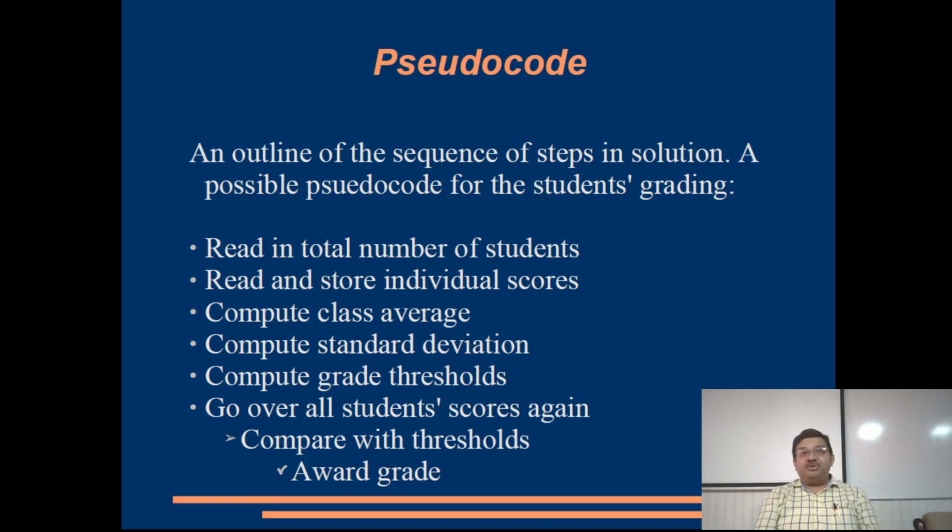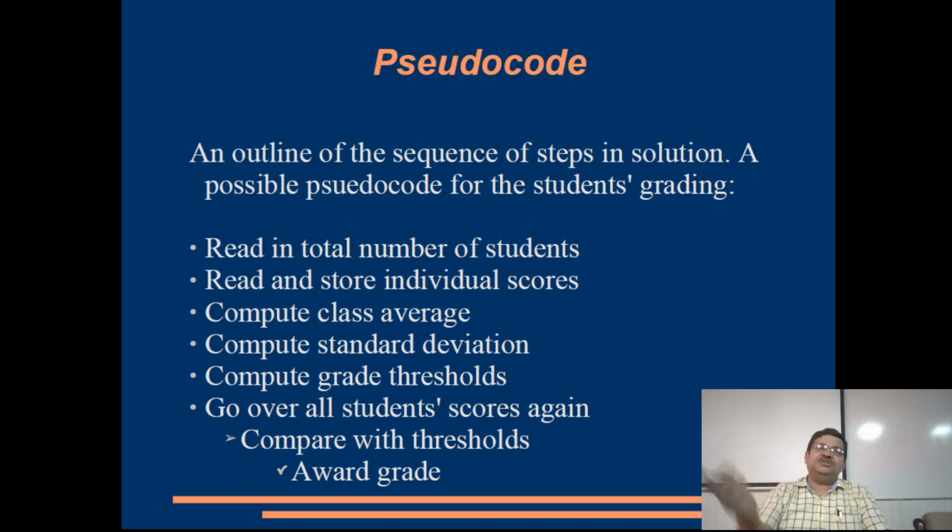Then you need to compute the standard deviation, knowing the average and individual scores. Find out what the standard deviation is. And then depending on your different thresholds, you need to compute the grade thresholds. What is the cutoff value for those grade thresholds?